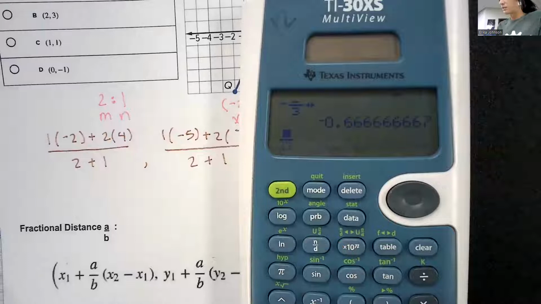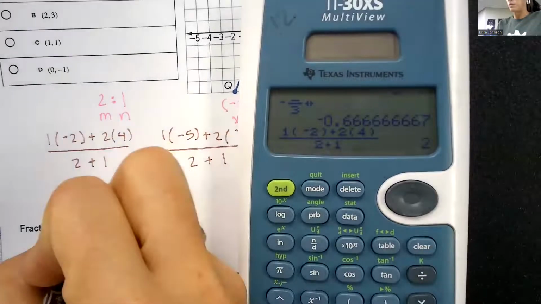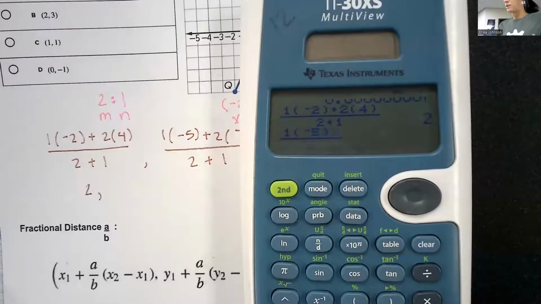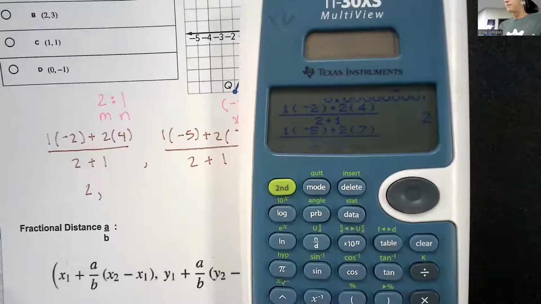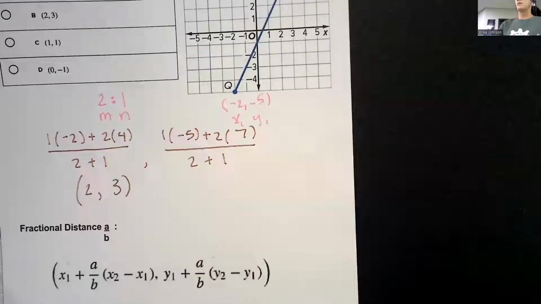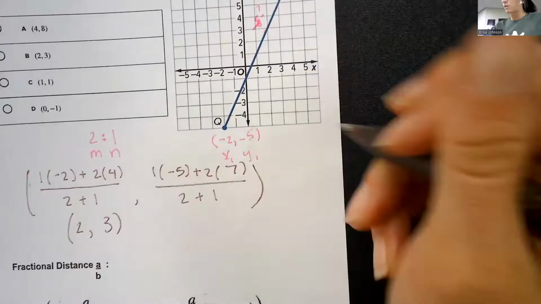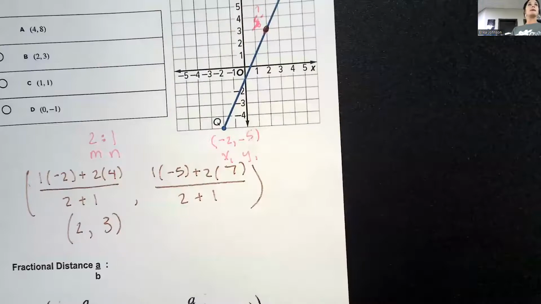Fraction button, 1 times -2 plus 2 times 4 over 2 plus 1 is 2. 1 times -5 plus 2 times 7 over 2 plus 1, that's 3. So let's see if 2, 3 is a reasonable answer. Over at 2, 3. Pretty dang close to where I thought it might be, actually.